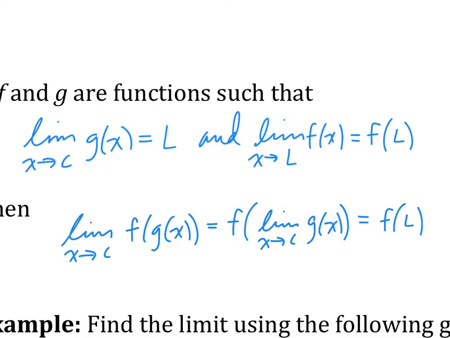So essentially, g becomes L, and I am actually just changing this whole limit thing into this, because g is now gone, because I already evaluated it. So when x is going to c, look at the inside function, because x only applies to the innermost function. That became L. I already evaluated it, like, I figured out what that number is. So then this is now the new x.